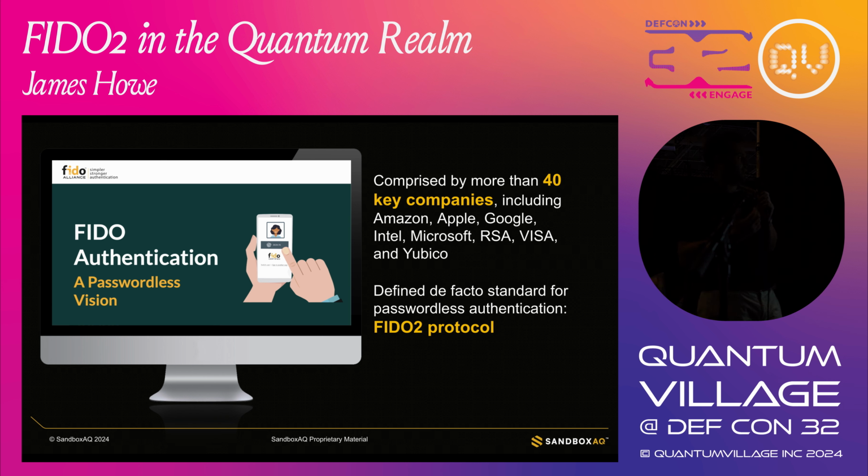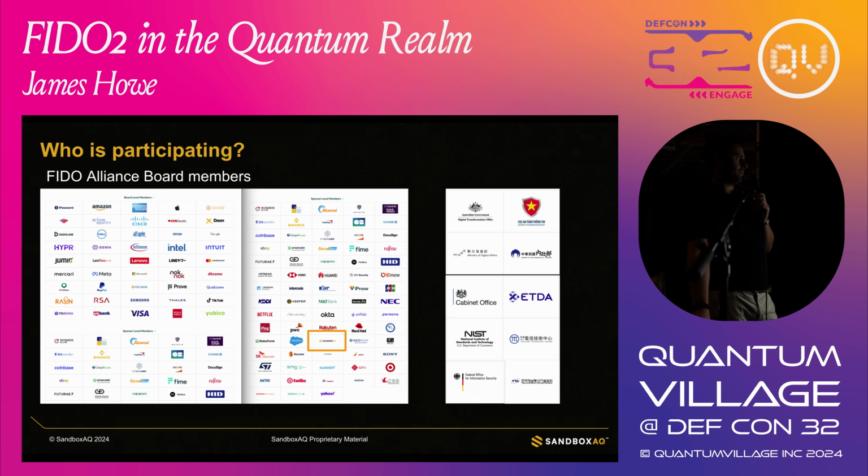So there's a FIDO Alliance. This is formed of a number of companies: Amazon, Apple, Google, Yubico, amongst others. These are effectively the people that define the standards. The current version of the standard is FIDO2. There's a number of companies.